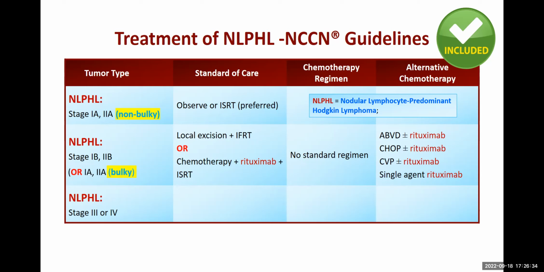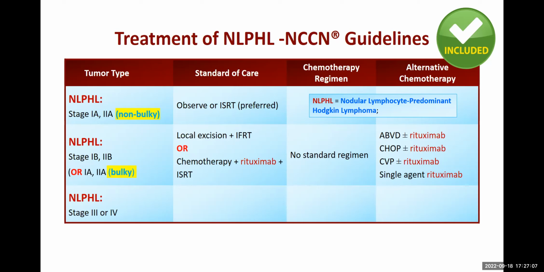When rituximab binds CD20, then rituximab is going to invite the cytotoxic T cells. With the help of this antibody, the cytotoxic T cells will recognize the cancer cell and they will kill the cancer cell. That is known as antibody-dependent cellular cytotoxicity, ADCC.